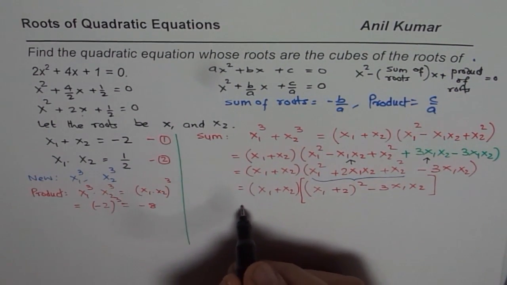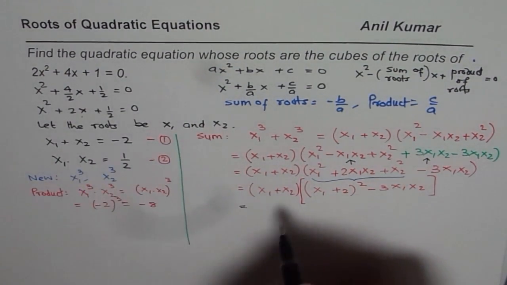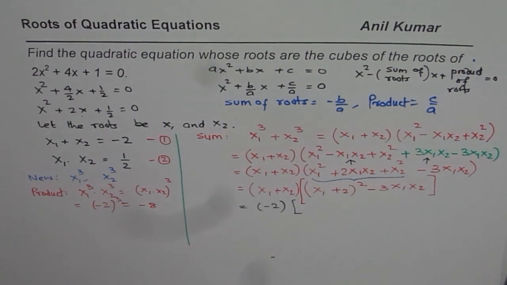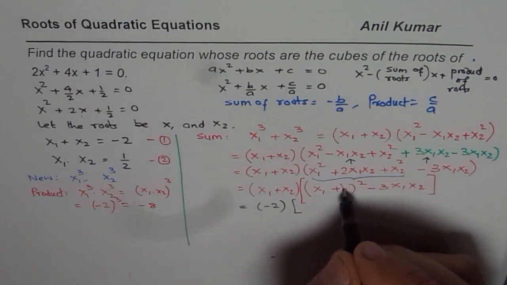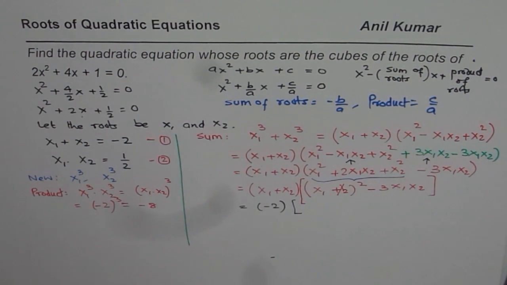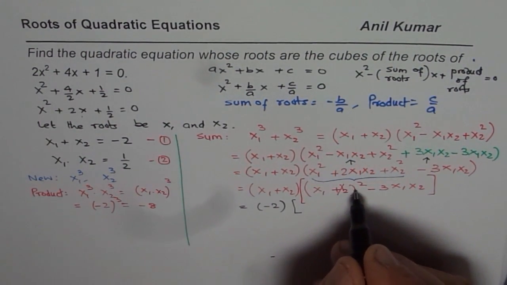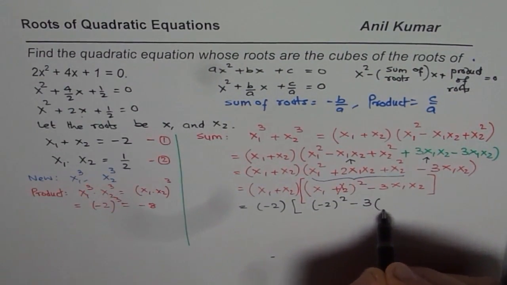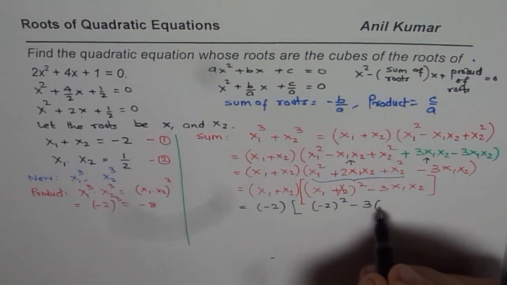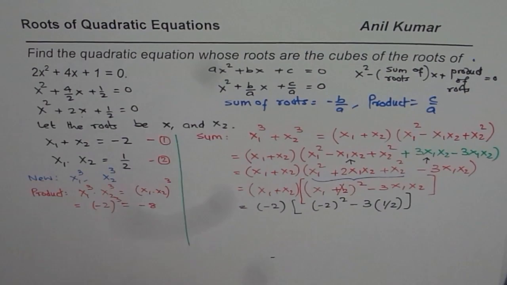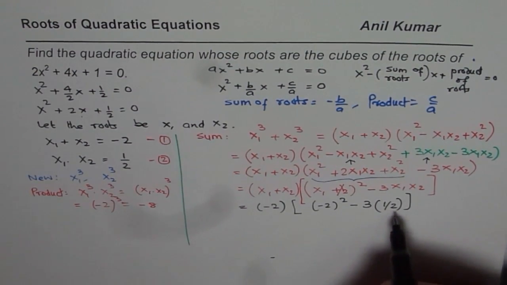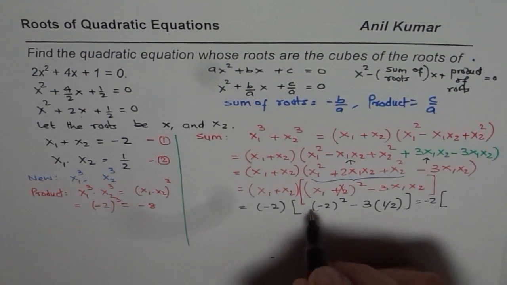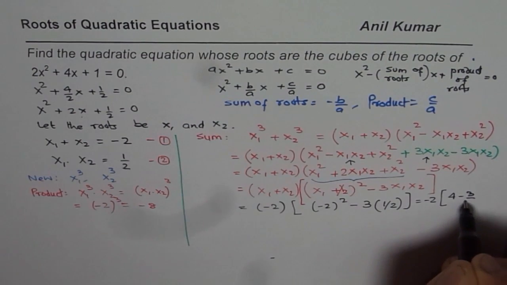So sum will be x1 plus x2 from equation 1, which is minus 2, so I'll write minus 2 here, times x1 plus x2 whole square, that means minus 2 whole square, minus 3 times x1 x2, the product, which is half. So that is what we get, right? Now this you could solve, which is minus 2 times 4 minus 3 over 2, right?